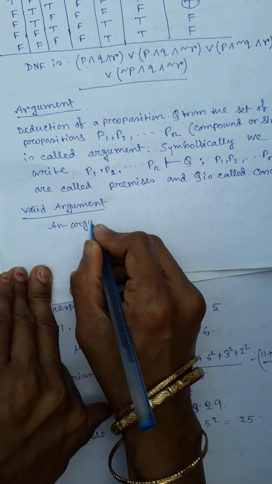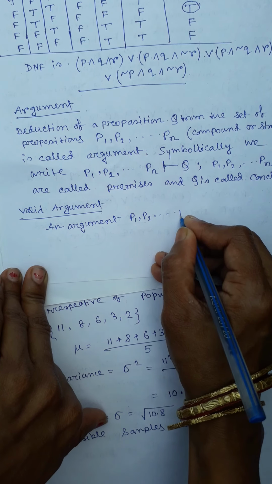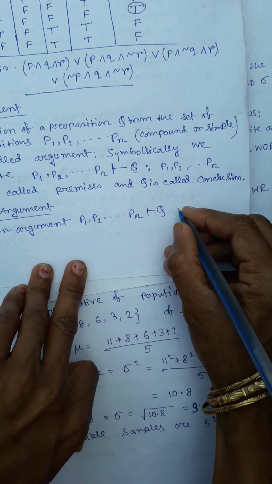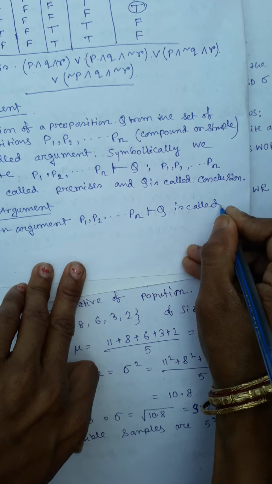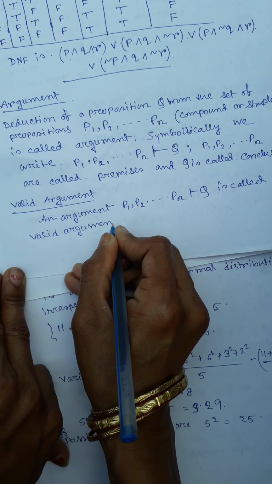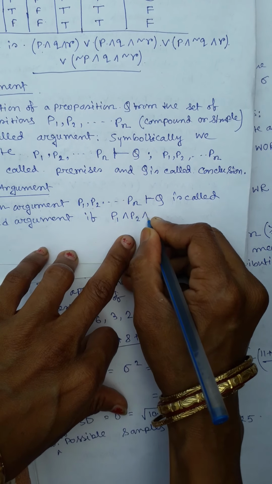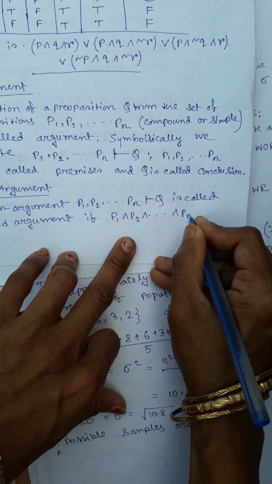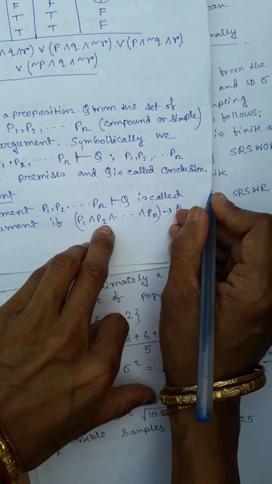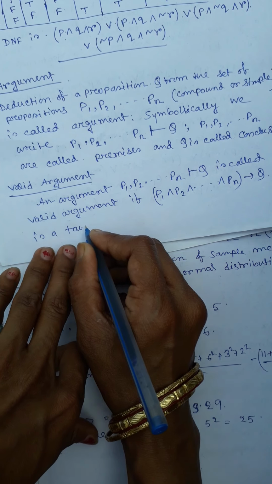An argument P1, P2 up to Pn, Q, is called a valid argument if P1 conjunction P2 conjunction up to Pn implies Q is a tautology.